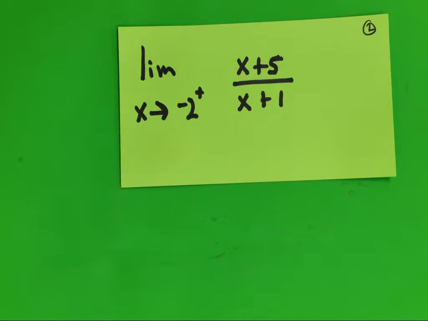What'd we get? -3. Did everybody get -3? Let's talk about this problem. First thing I do, it doesn't matter if it's one side or not. We always try what first? Correct. When I do that, do I get 0 in the denominator? So I'm good. Is everybody good with that? All right.